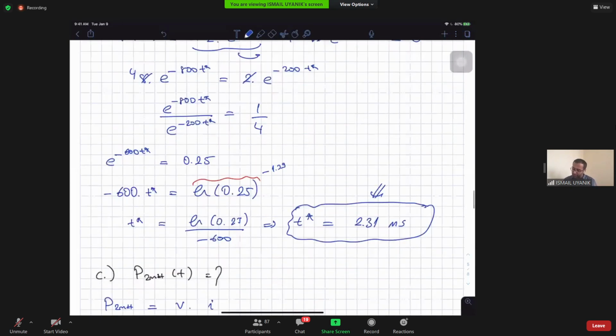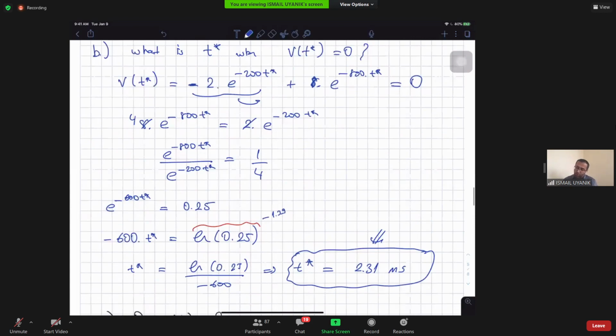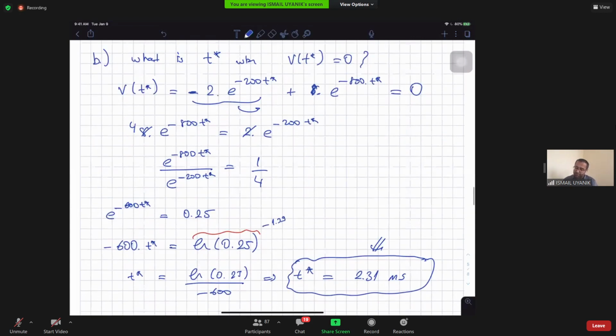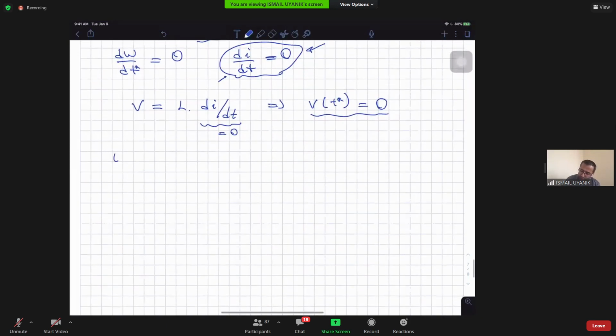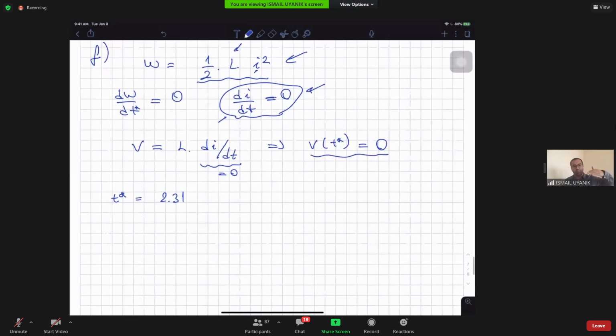And if you remember, going back somewhere, I think here, we already calculated this time instant. So we know when voltage is 0. It is at T star equal to 2.331 milliseconds. So I can immediately say this T star is the same as the one we calculated in part B. The only purpose of this question is that we did those steps, and now we are building on those solutions.